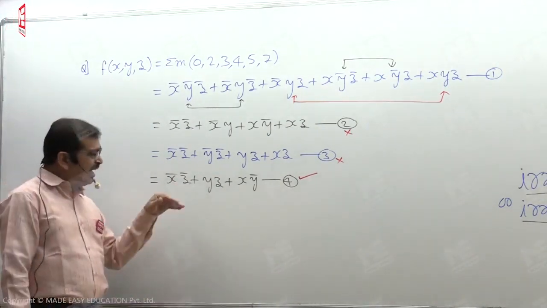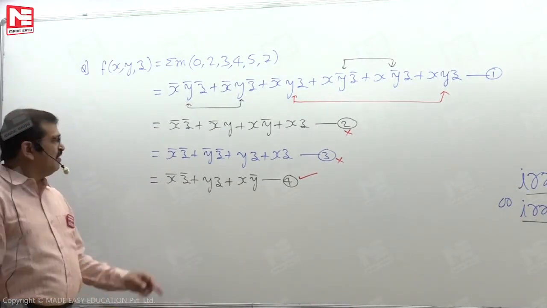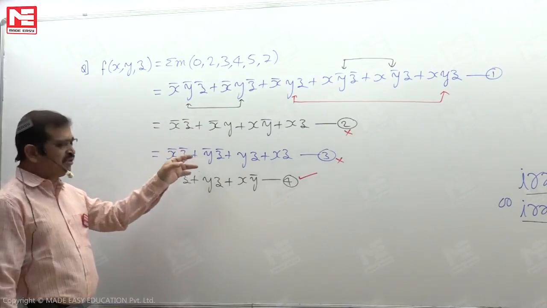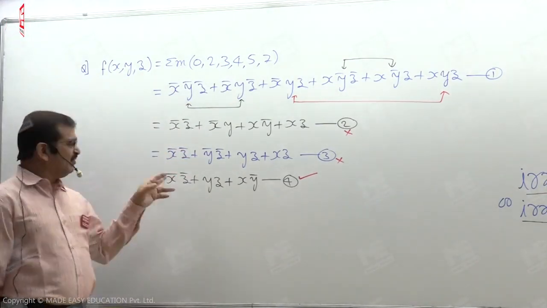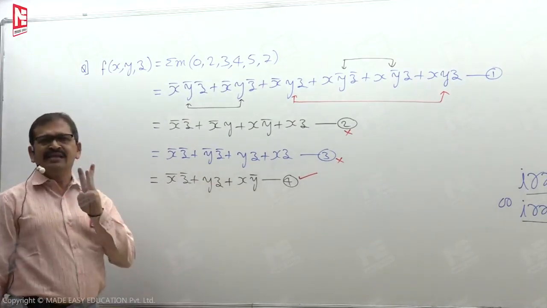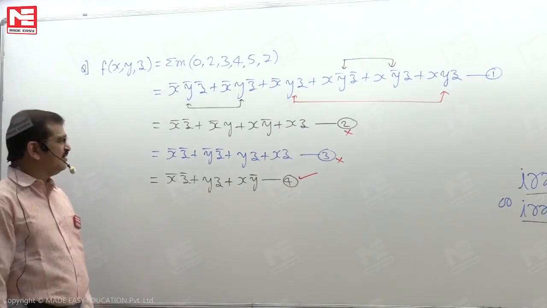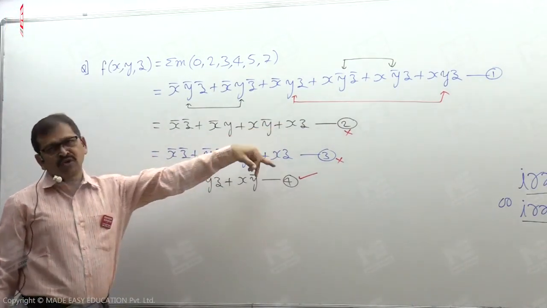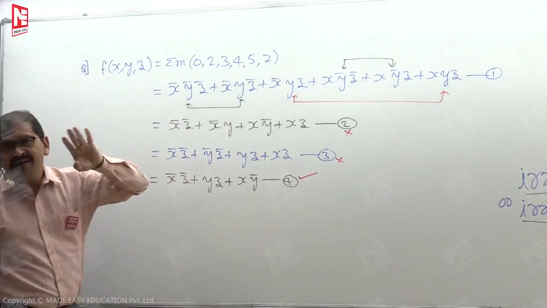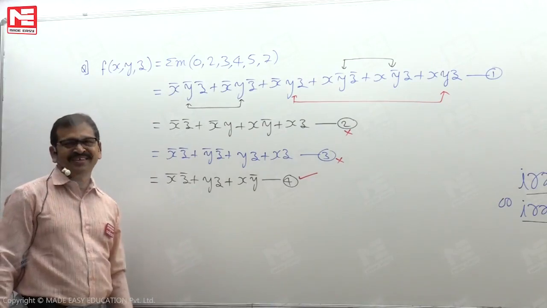The expression which has a lesser number of terms definitely uses fewer logic gates. If you use equation 2 or 3, we have 4 products, so 4 AND gates, whereas here 3 products, so 3 AND gates. So the cost is straightforwardly less; the number of gates is less. For equation 2 or 3, we need an OR gate with 4 inputs because of the 4 product terms.